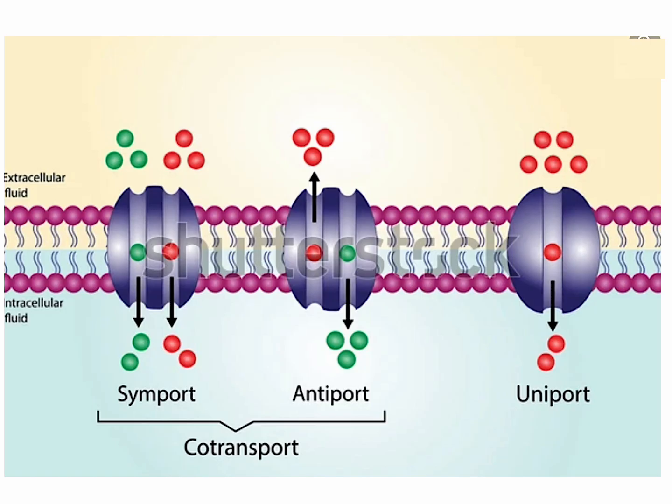Now, when we look at the difference between active transport and facilitated transport, active transport can involve co-transporter mechanisms, on your left, known as symport or antiport. In symport, two molecules move together in the same direction across the membrane, while in antiport, the molecules move in opposite directions.